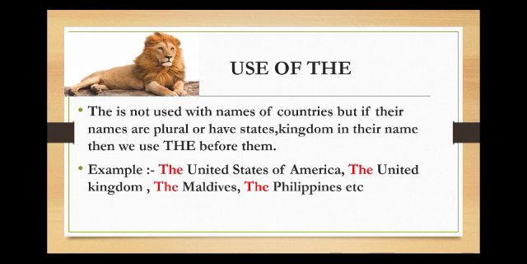Look at the examples. The United States of America. Focus on the word states. If states is there in their name, then you have to use the. The next example is the United Kingdom, the Maldives, the Philippines, etc.